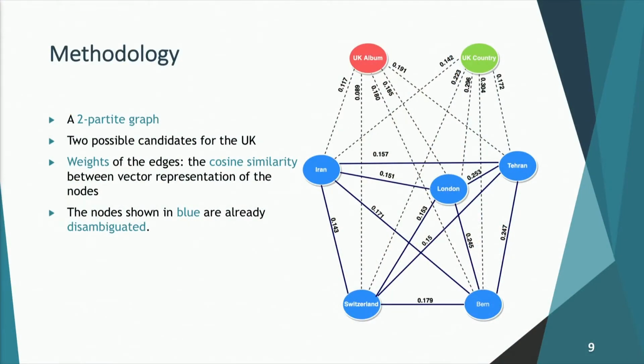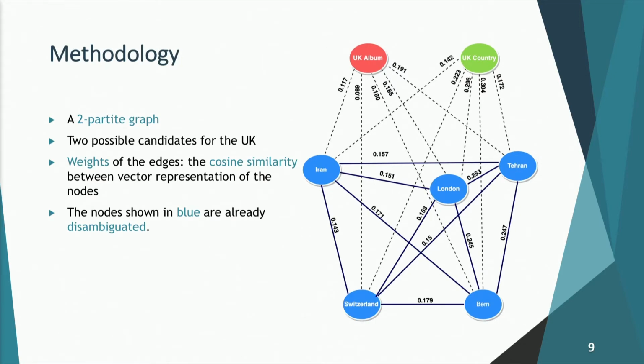OK, here we see an example where we have 5 nodes already annotated, all the blue ones, and then we want to annotate an entity called United Kingdom. Because we have 2 candidates for United Kingdom, we create a 2-parted graph, and then we calculate the weights of the edges by the cosine similarity between the embeddings of these nodes.